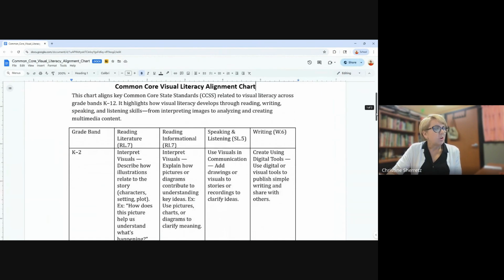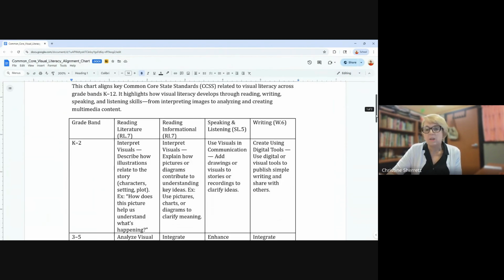So here is a chart that shows the visual literacy standards and how they're taught. So we can see in the Common Core standards and the Florida Best standards and almost any standards that you have in reading, you're going to have reading literary and reading informational. And those standards do align. So we can see in kindergarten and second grade, we want students to be able to describe how the illustrations tell the story.